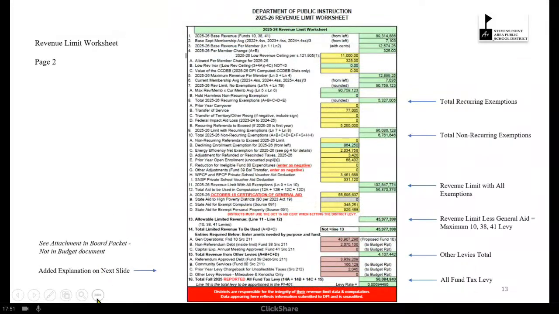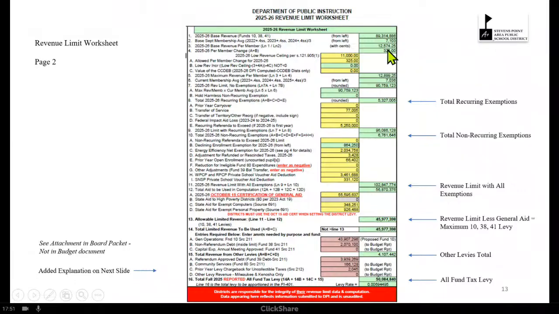Okay. Then we go on to the second page of the revenue limit worksheet. This is the one that's really fun. There's lots of calculations on this page that determines our levy. So let's just start at the top. I'm going to actually go to line 3 at $12,574.25. That's our base revenue per member. Okay, then that's carried over from the previous year.